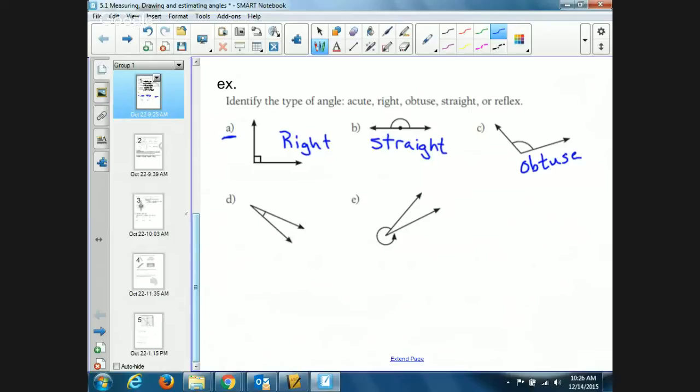Very small on D, so that's a cute little angle. It's like a cute little student angle. Okay. And E, since you were paying attention, what is it? Reflex. Yeah. You guys knew these terms from before, right? Good. It should be reviewed.